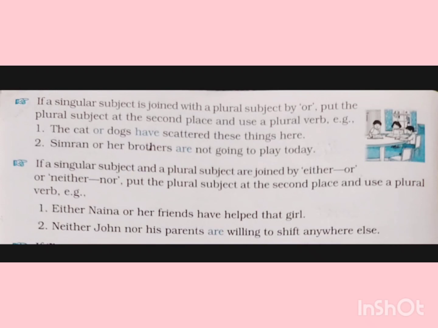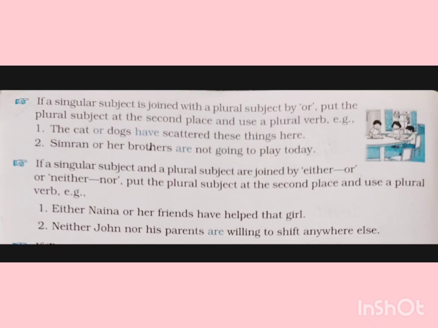Now coming to the next rule: if a singular subject is joined with a plural subject by or, put the plural subject at the second place and use the plural verb. So my dear students, if one subject is joined with a plural subject, for example in the first one, the cat is a singular subject and it is joined by or dogs.